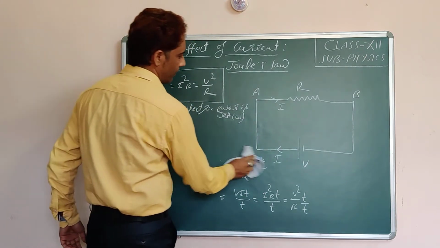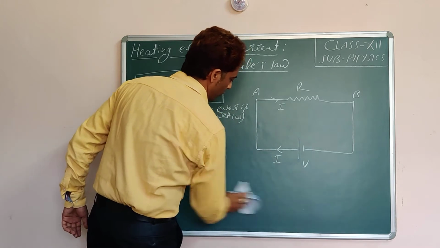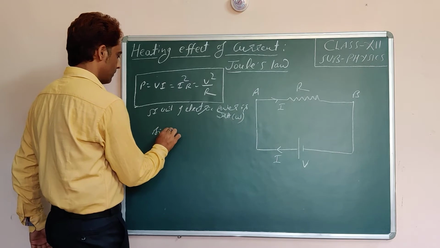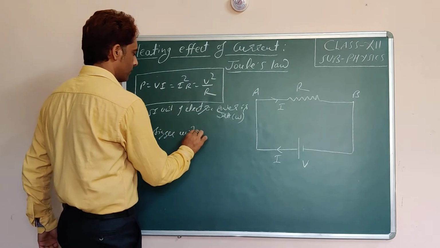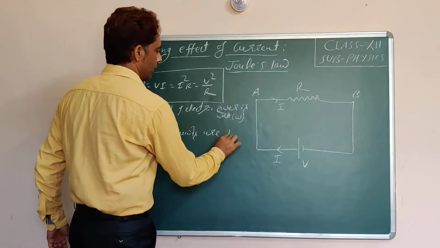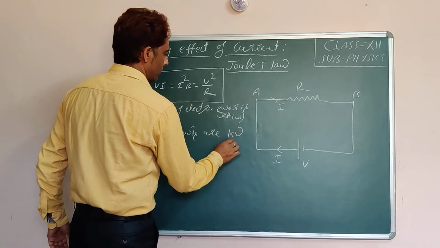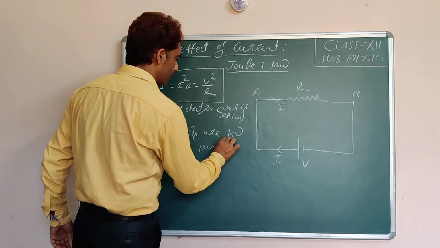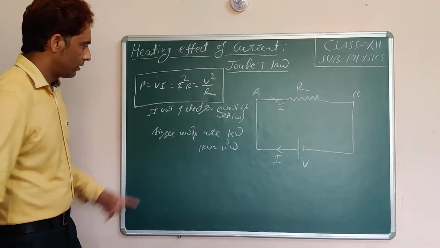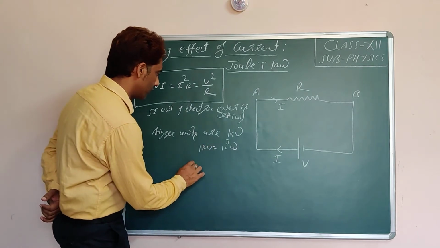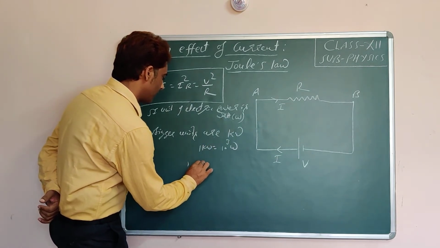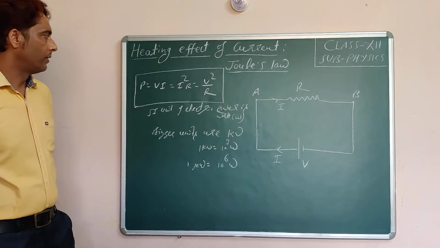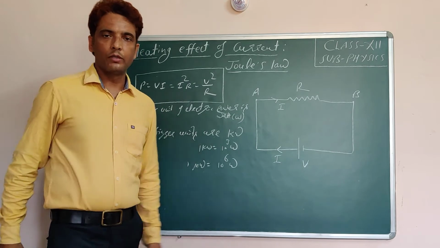The bigger units are kilowatt and megawatt. 1 kilowatt is equal to 10 raised power 3 watt, and 1 megawatt is equal to 10 raised power 6 watt. So this is about electric power.